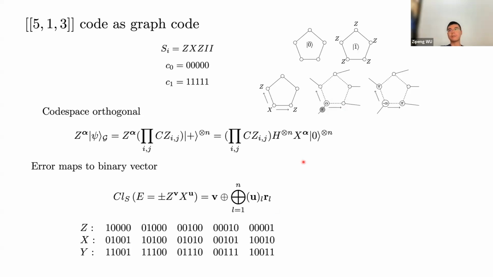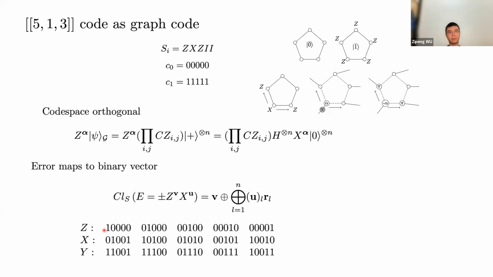To see the error correcting ability of this graph code, you can imagine this graph code is really related to the classical code. The Pauli Z error acting on this graph code will be equivalent to some bit string acting on the classical code words.